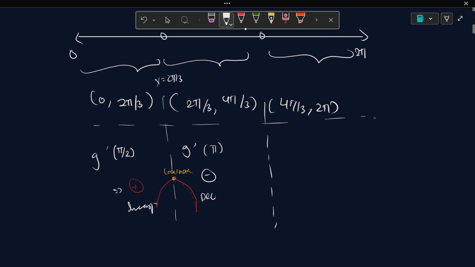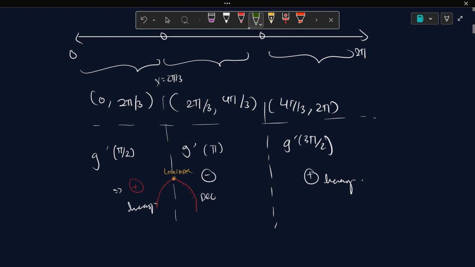I choose any value from here, let's say 3 pi over 2, and plug it into g prime and see what value I get. I get a number, and I look at the sign of that number. The sign is positive, and because I get a positive value, my function is increasing.